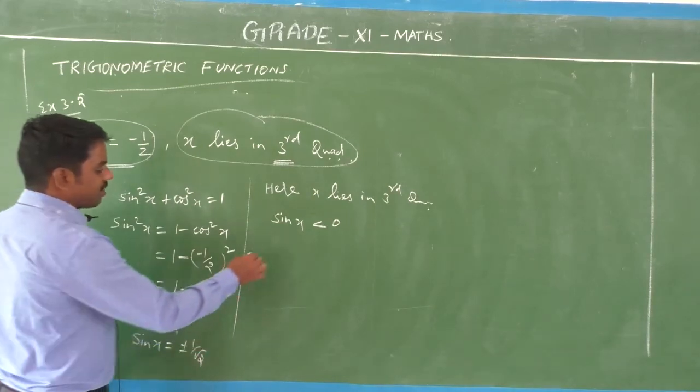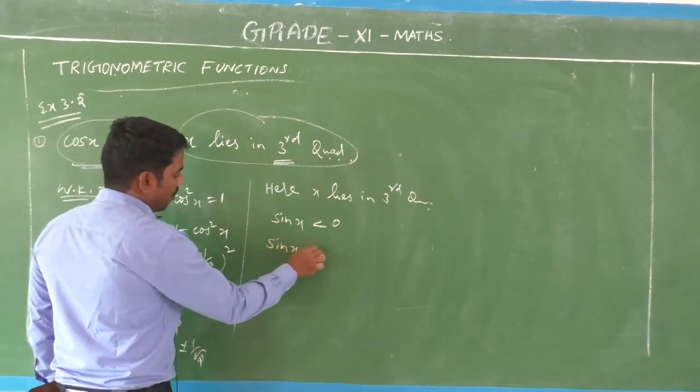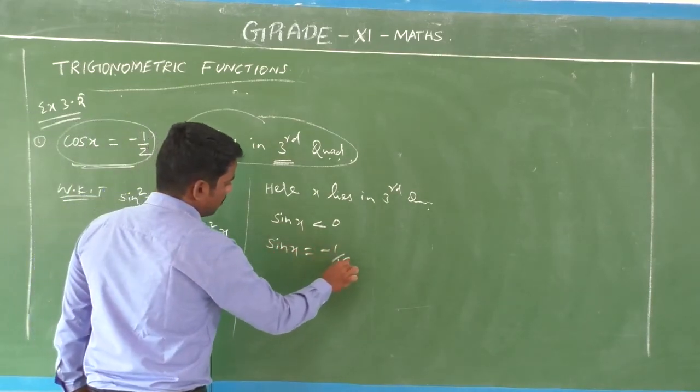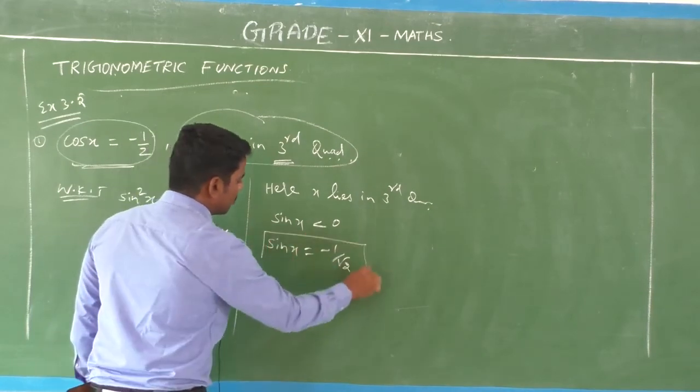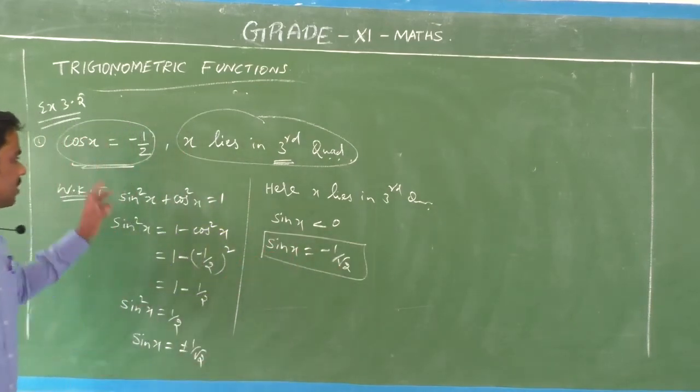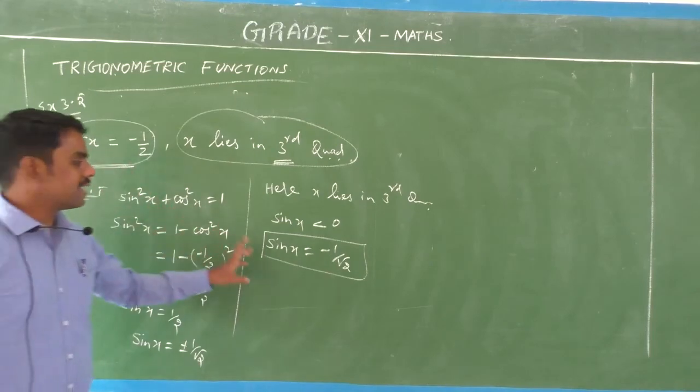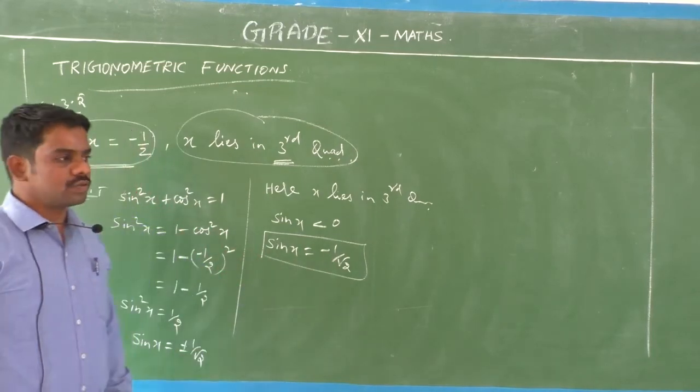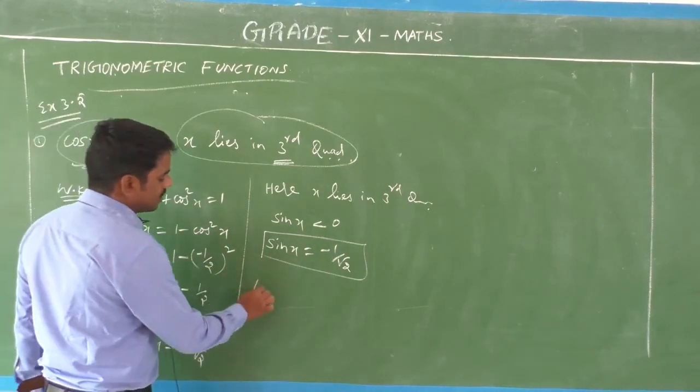So sin x equal to minus 1 by root 2. Right, cos x equal to minus 1 by 2 and sin x equal to minus 1 by root 2. Next, tan x.